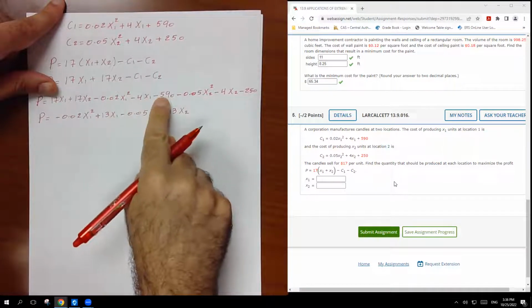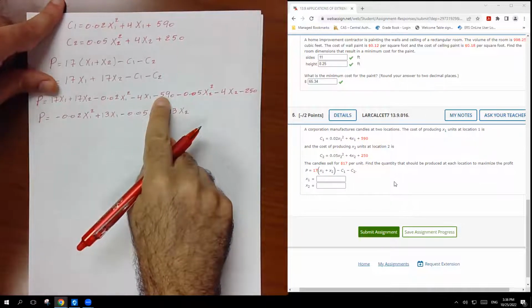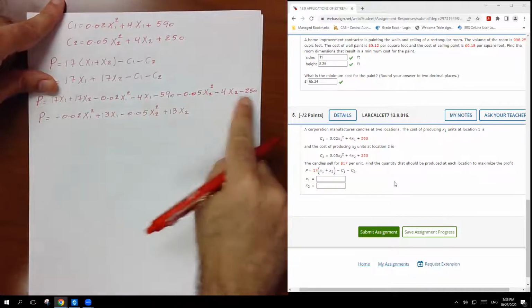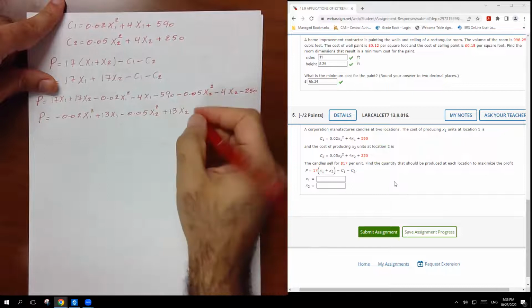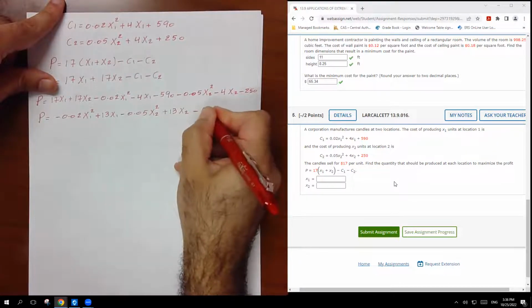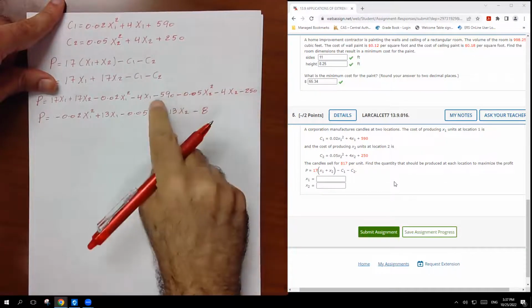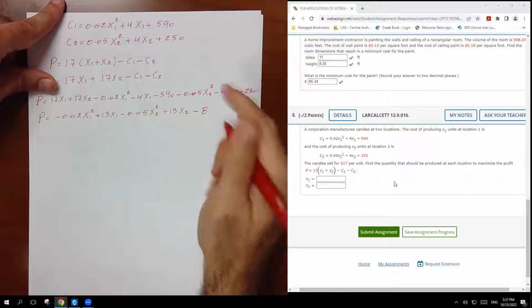And we still have negative 590 minus 250, so it's going to be minus 840.